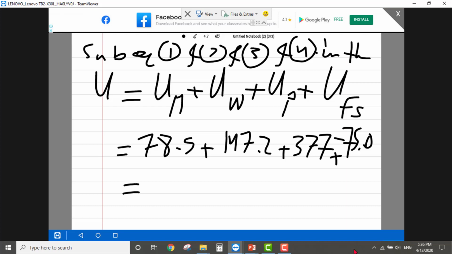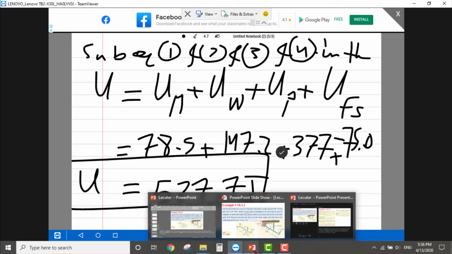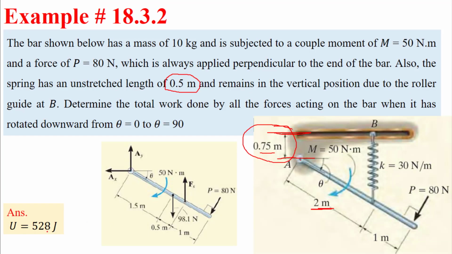So the total work is equal to 527.7 joule. Let me check with the slides. Yes, almost equal to 528 joule as the total work.